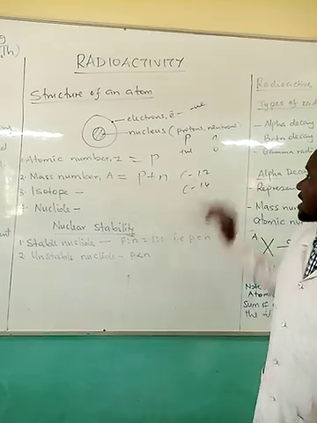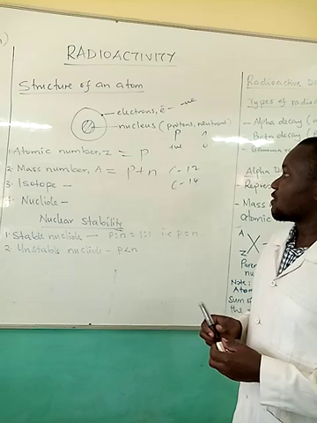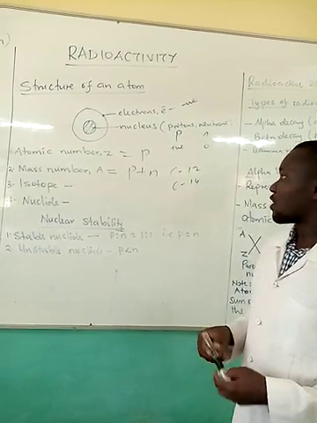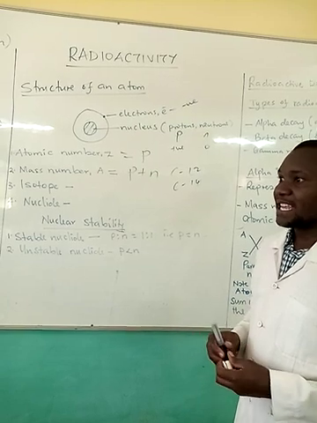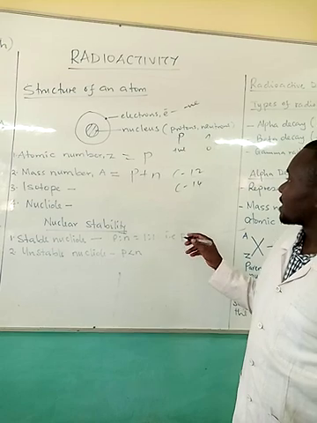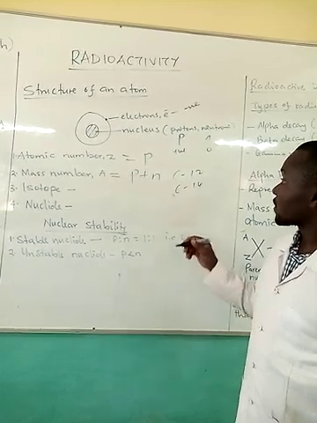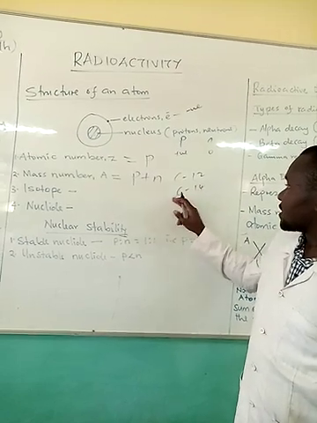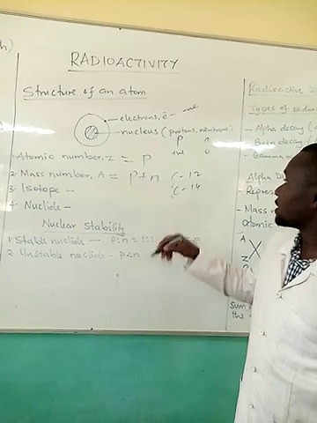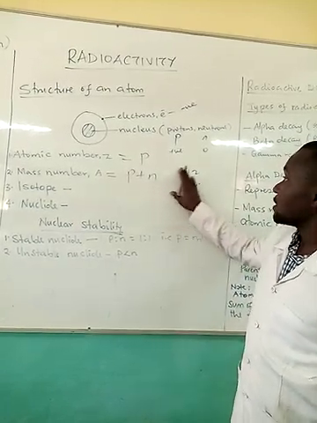We normally use the numbers there to distinguish them, because the atomic number will be the same but the mass numbers will be different. Carbon, we know, is number 6, so it will have the same atomic number, but the mass number here will be 14. So that makes it what we call an isotope.